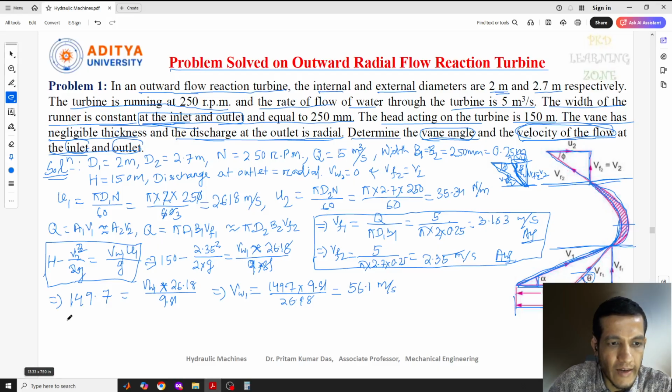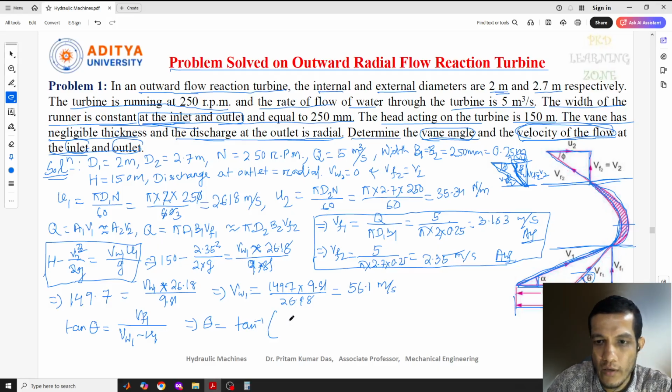So the vane angle theta: if I take this right angle triangle, then tan theta equals VF1 divided by (VW1 minus U1). So theta equals tan inverse of VF1 value, which is 3.183, divided by VW1, which is 56.1, minus U1, which is 26.18, bracket close.